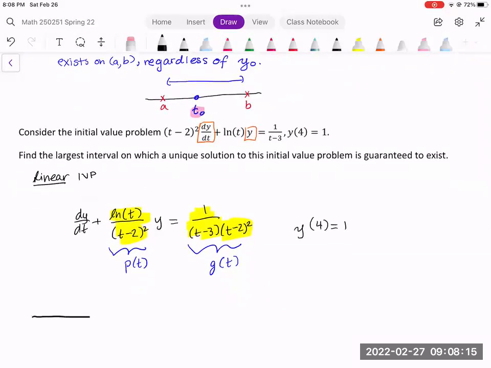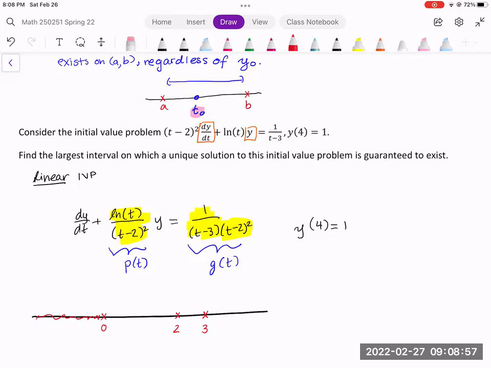So looking at our number line, places where p(t) and g(t) don't exist, are not defined, include t = 3, t = 2, and we think of the natural log function, this is only defined for t values bigger than 0. So 0 is out, and so is everything smaller than that.